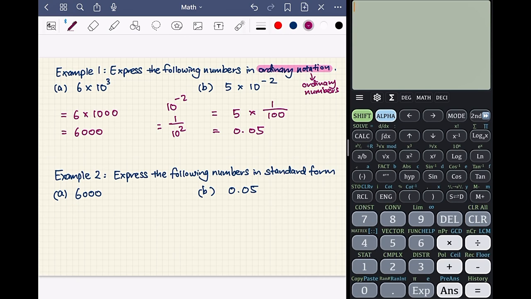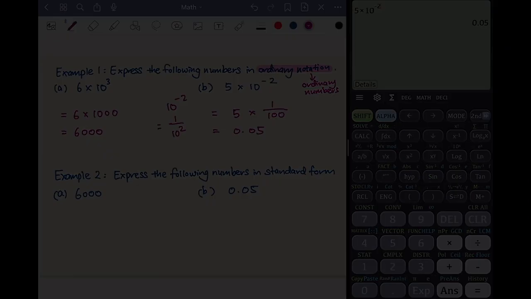So in here, if we have 5 times 10 to the power of -2, that means we are dividing 5 by 10 two times, right? So that's the general idea. We also obviously can use a calculator to help us do that. So we have 5 times 10 to the power of -2, and that's going to give us 0.05.